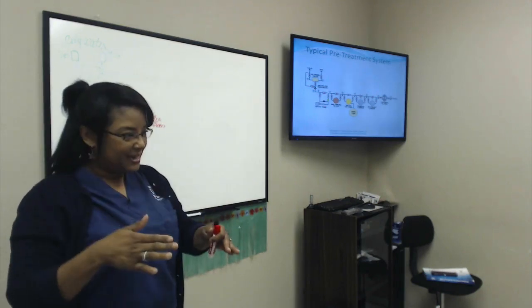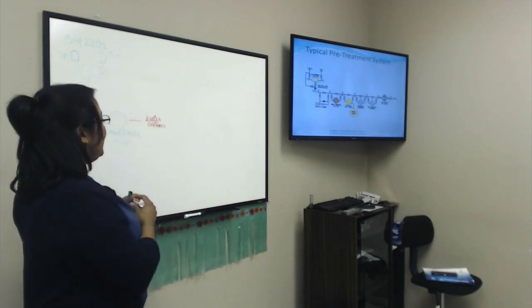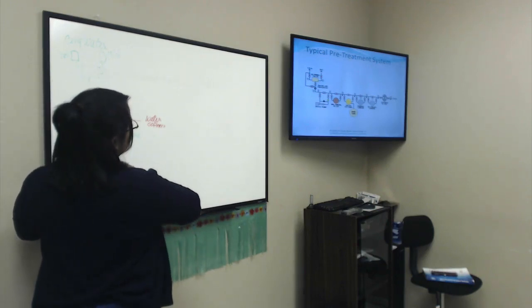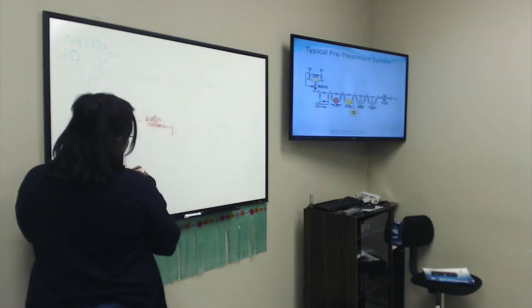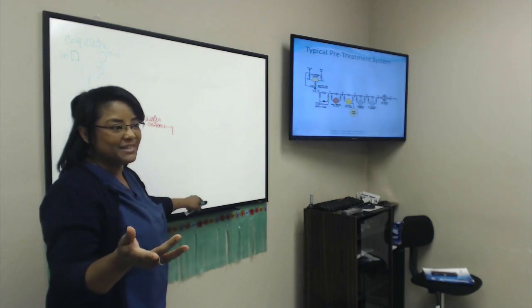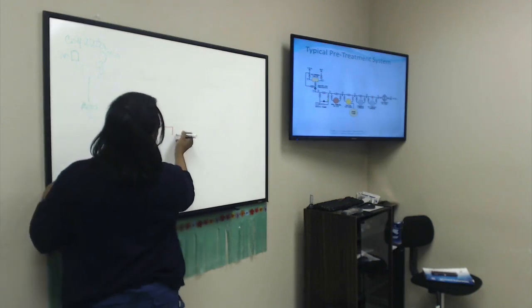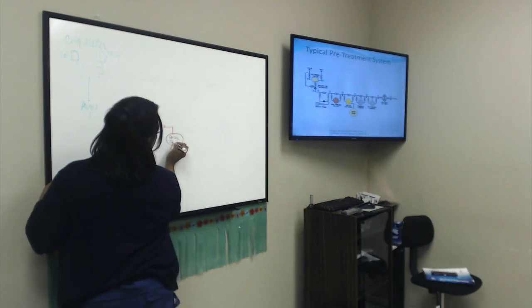It looks like a tank on the side. That's a water softener, okay? And the water softener also comes with something called a brine tank, that we have to put salt pellets in, okay? So let's just say this is the brine tank, and I'm gonna show you now what it is.